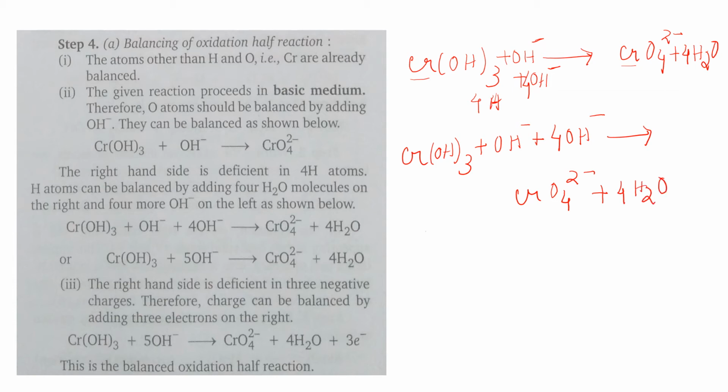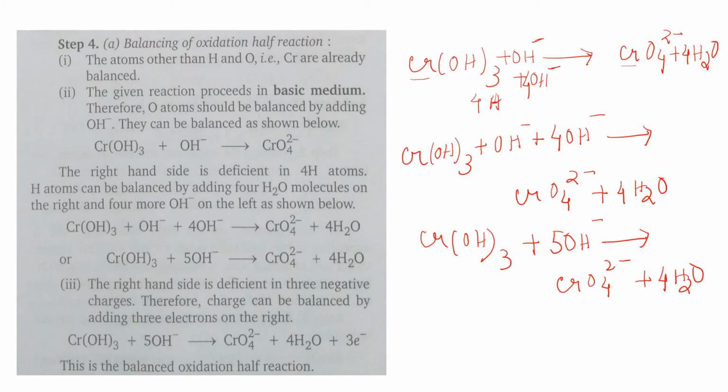So what I'm getting, Cr(OH)3 plus 4 and 1, 5 OH- is giving you CrO4 2- plus 4H2O. Now I have balanced chromium, oxygen and hydrogen, but I have not balanced my charge. So I have to check for the charge now.